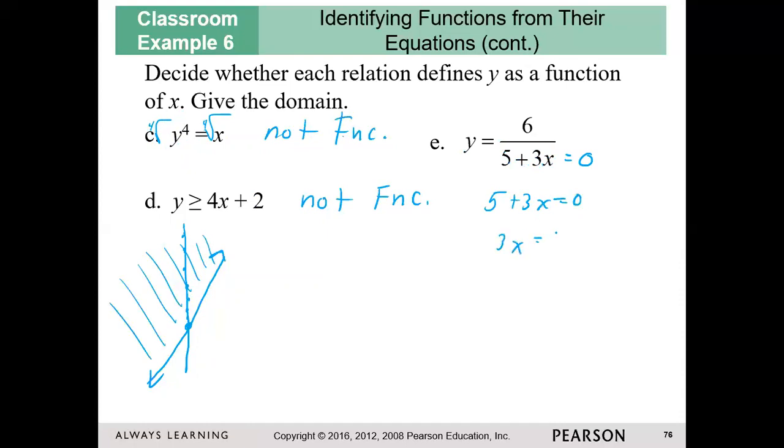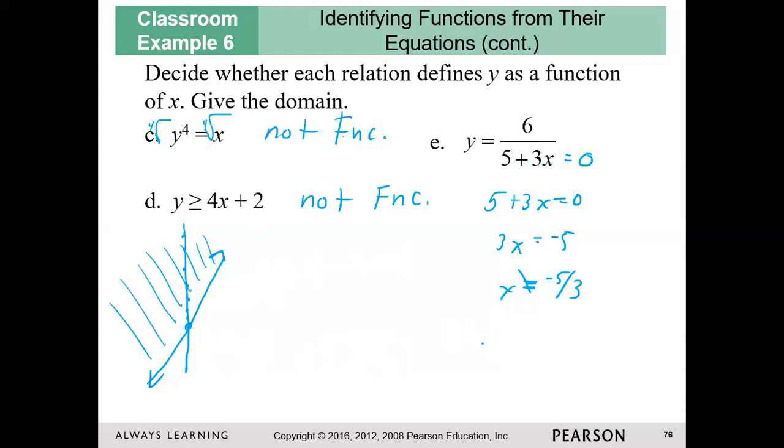3x is equal to negative 5. x is equal to negative 5/3. So this says if x is equal to negative 5/3, then the denominator is 0. So we are saying that x cannot be equal to negative 5/3, because if it were, then it would make my denominator 0.